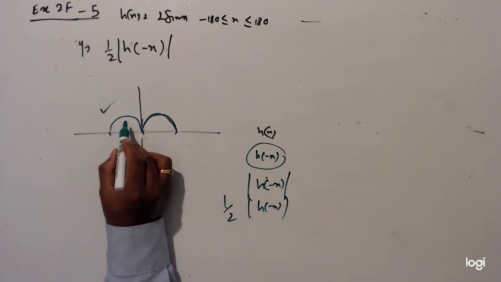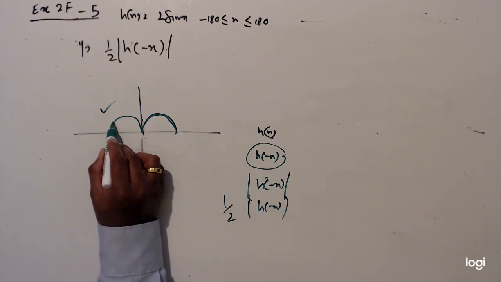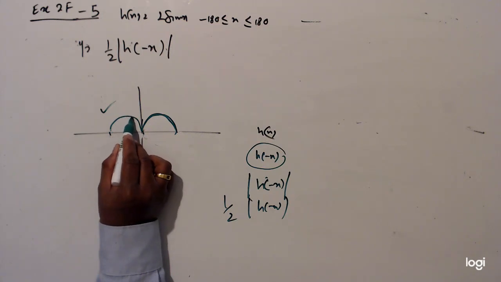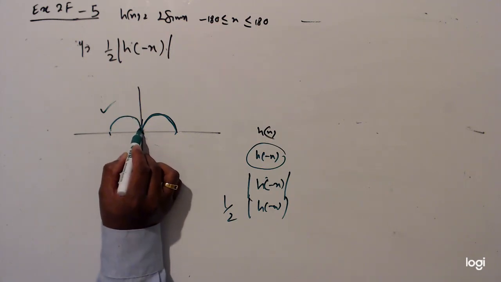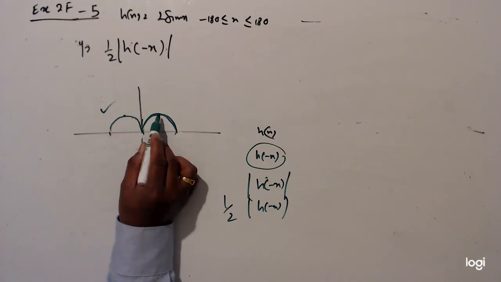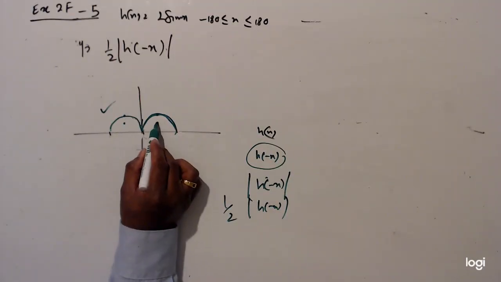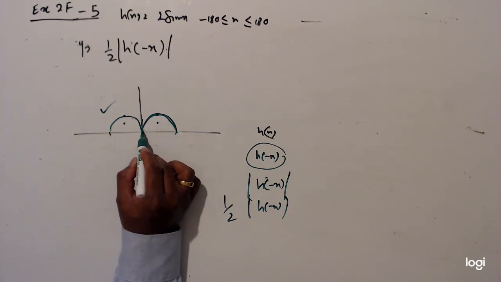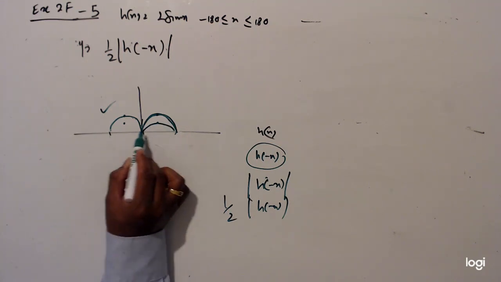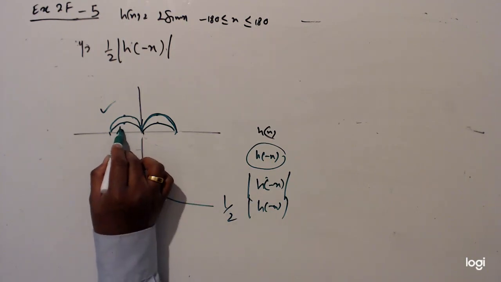It means make all the y values of the coordinates half. So basically, if this is the maximum, the maximum becomes half here, and the others also become half. So the graph is going to be here. This is the graph.